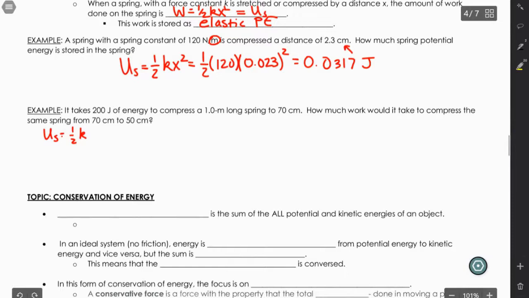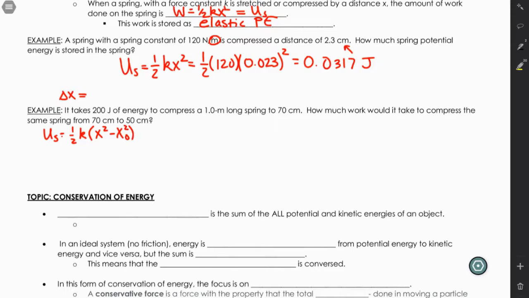Remember this x really is a delta x. But again, it's not a simple difference of those, because the individual x is squared. So it's going to be x final squared minus x initial squared.